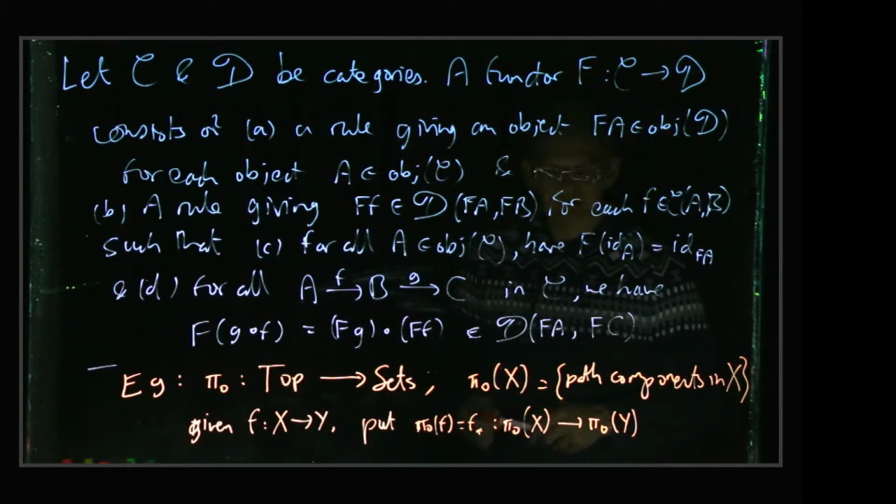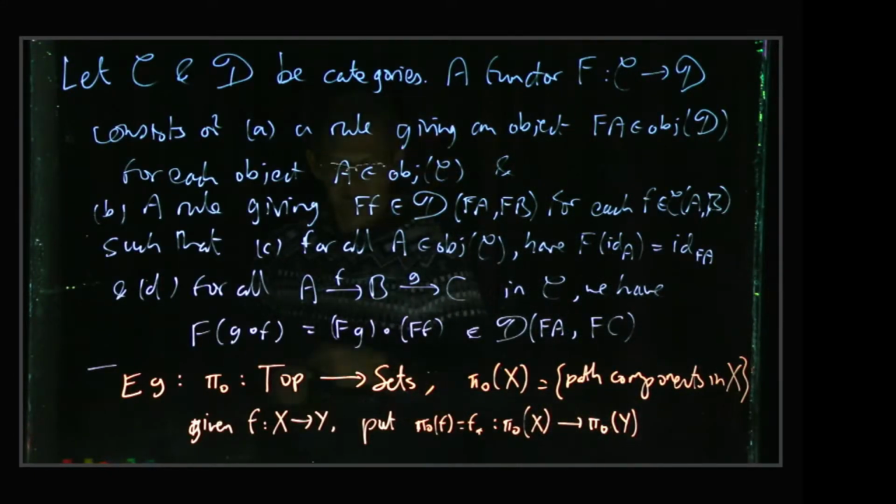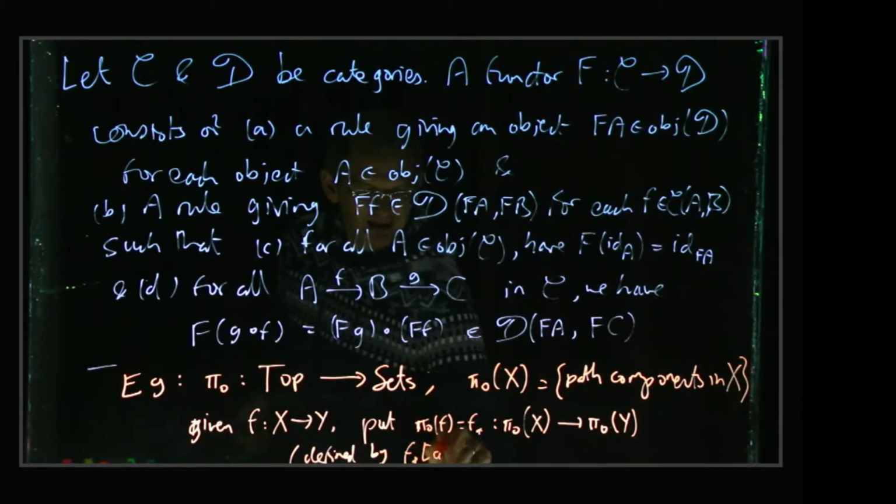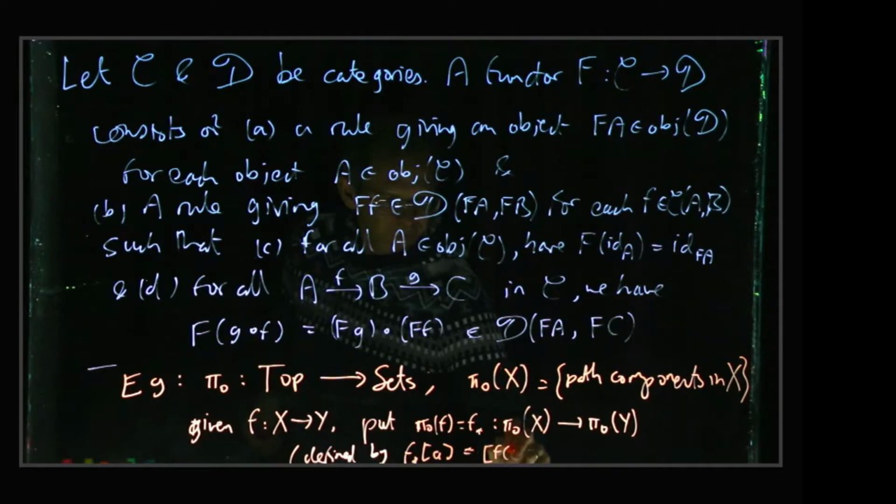We just used slightly different notation. Before we called this map f lower star. Let's just recall that this is basically defined by f lower star of square bracket a is square bracket f of a.